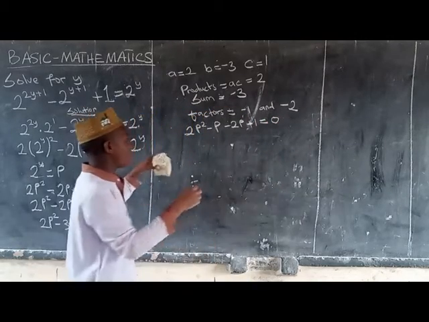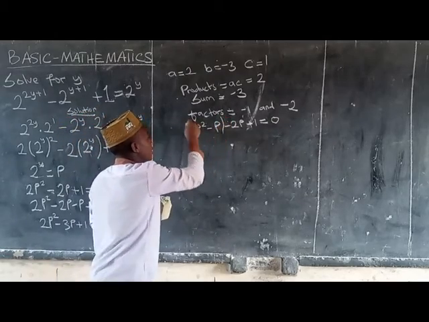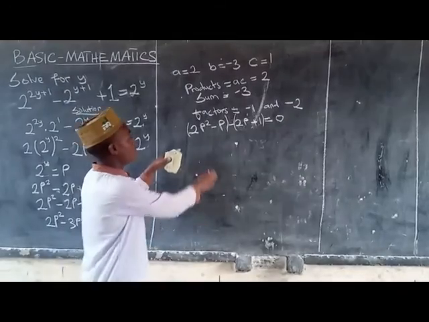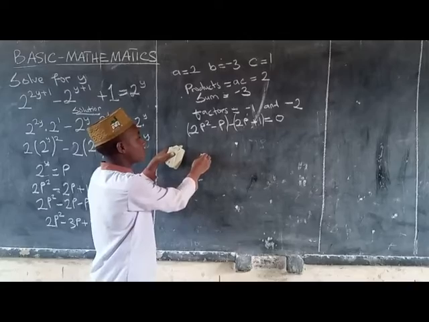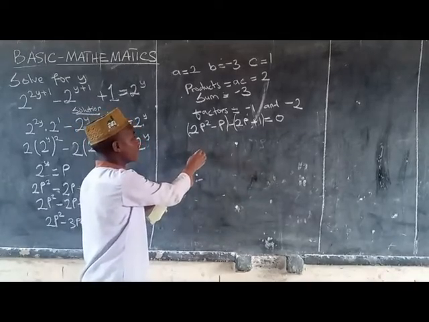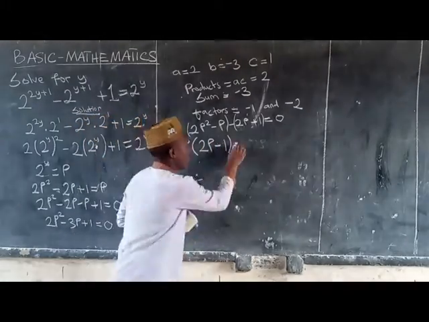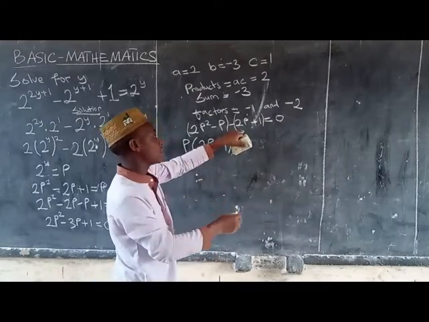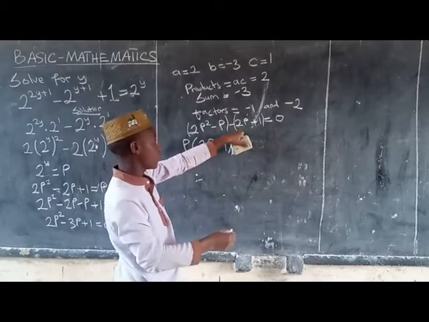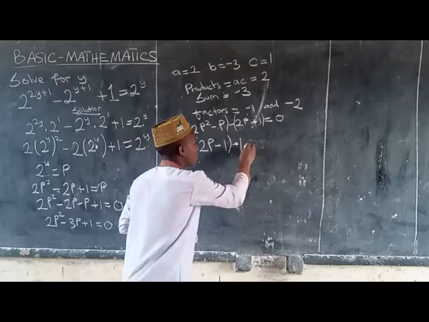Now we separate the brackets by introducing open brackets. At this step we need to factorize, and our common factor here is p. Since there is no common factor in this bracket, we put 1.